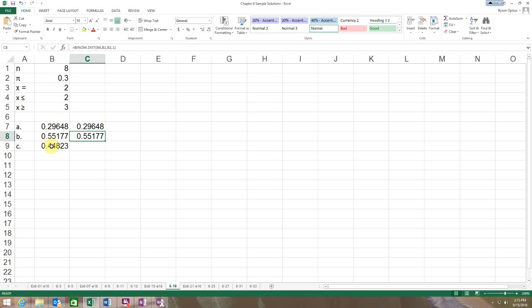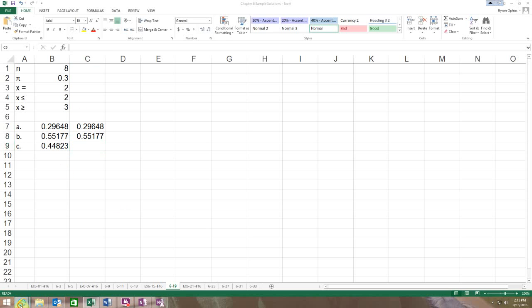Then it gets to be a bit more difficult, because it says greater than or equal to 3. This could also be put in as greater than 2, but in this case it's greater than or equal to 3. These probabilities always add up to 1, right?